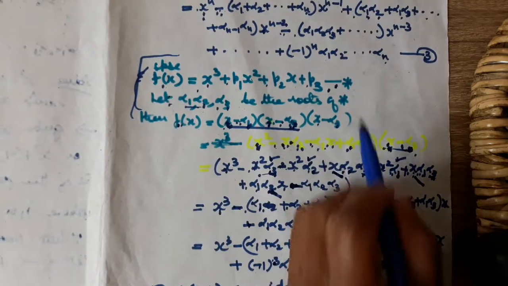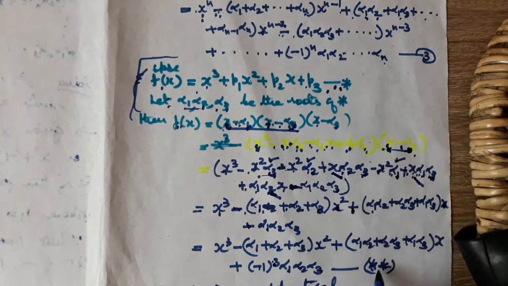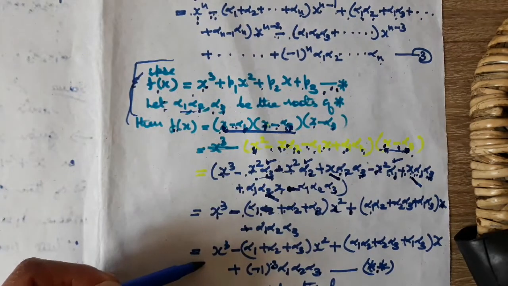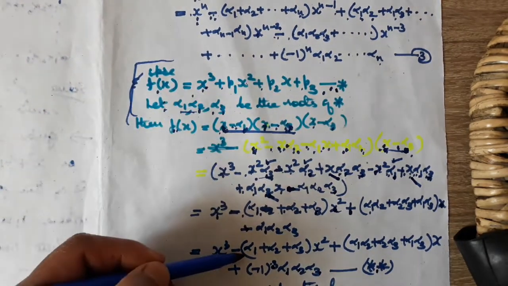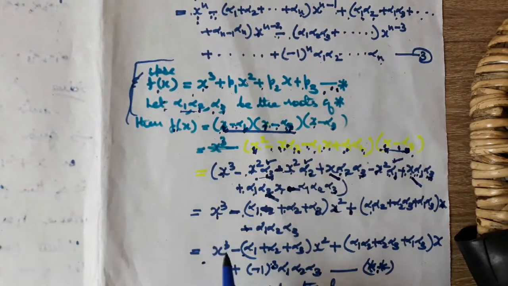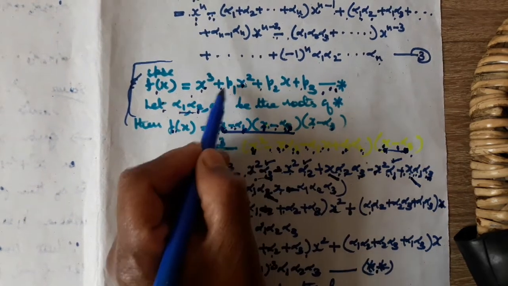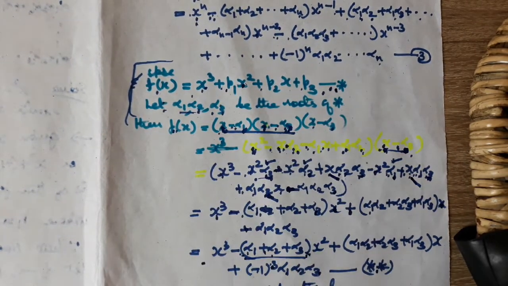Now as you can see here, equation star and double star, they are identical. See, this and this, they are identical. So comparing the coefficients and the roots of this polynomial, the coefficient of x squared here is p1, whereas here it is this.